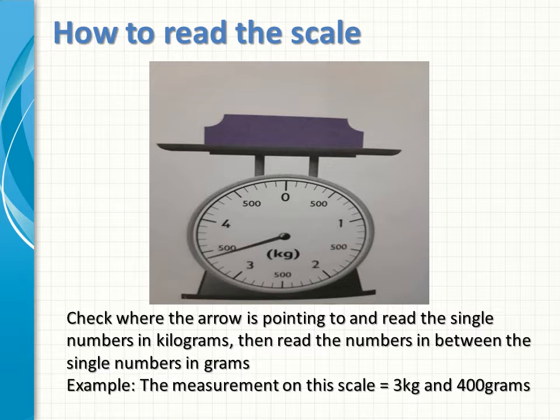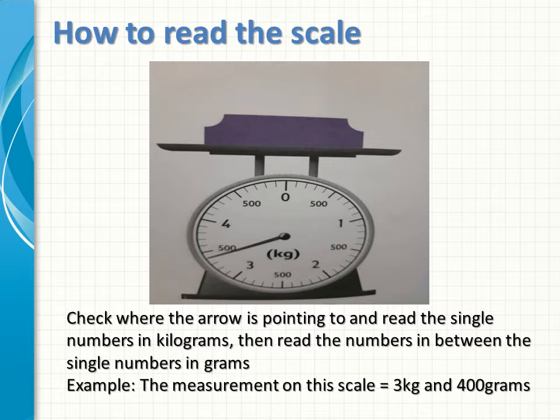When you read your scale and the arrow is pointing to those single numbers, any single number the arrow is pointing to, that means it is kg. That's kilogram. But if it is pointing to the lines in the middle or the 500s, it means it is grams. So let us see where this scale is pointing to.